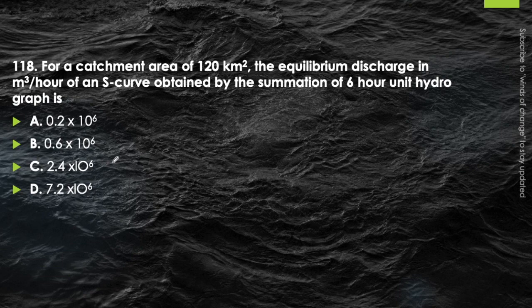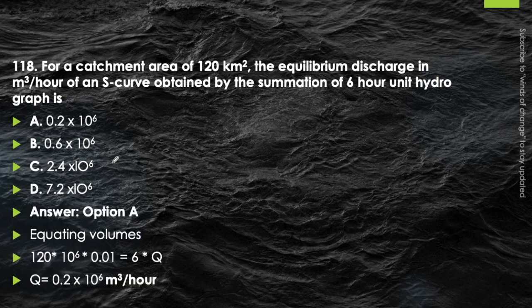Just think about it. Since we have been provided the catchment area and the unit hydrograph, we can equate the volume in both the cases. For 120 km square area, if it is a unit hydrograph, then there will be 1 centimeter of rainfall. So we multiply it by 1 centimeter, and the total volume of the rainfall will be obtained.